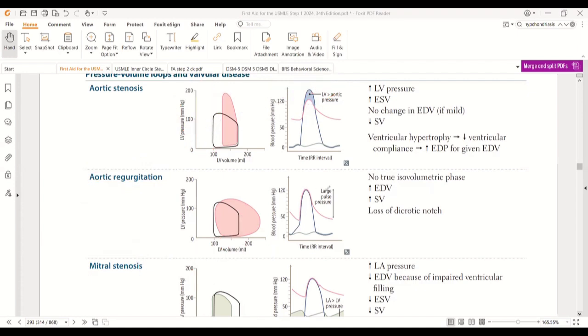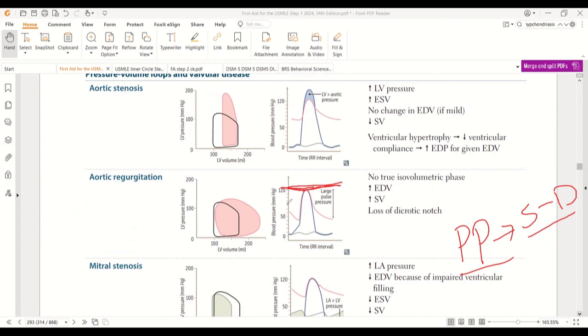One more important thing related to the aortic regurgitation: there is a large pulse pressure. What is the pulse pressure? It is the difference between systolic and diastolic blood pressure. So there is a huge difference.